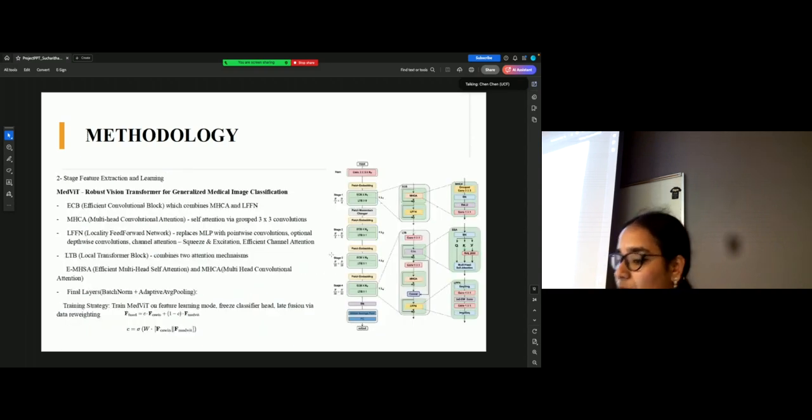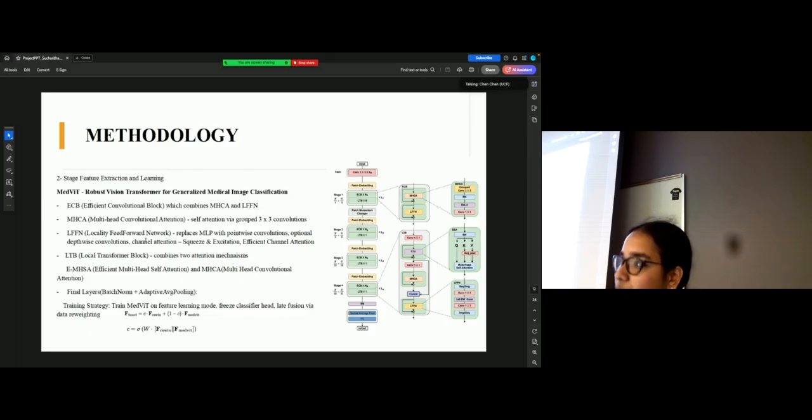MedViT comes as the backbone architecture, and it has these blocks. First is the efficient convolutional block and MHCA, multi-head convolution attention. Here the initial training data will be used again to train all the feature extraction and patch extraction processes.